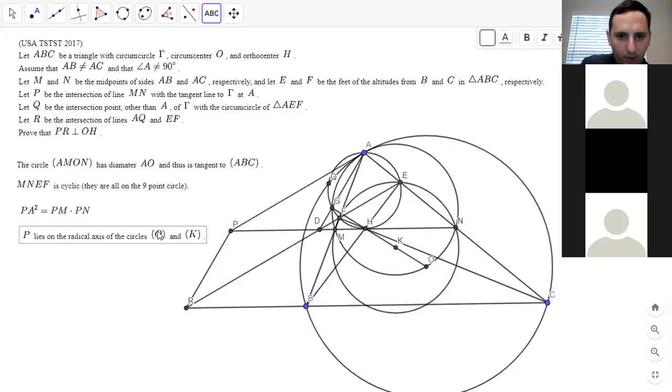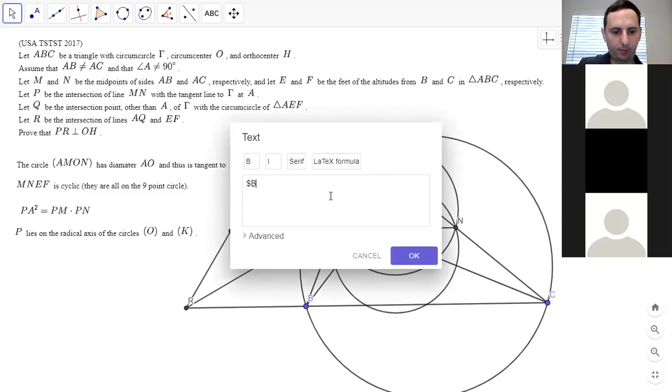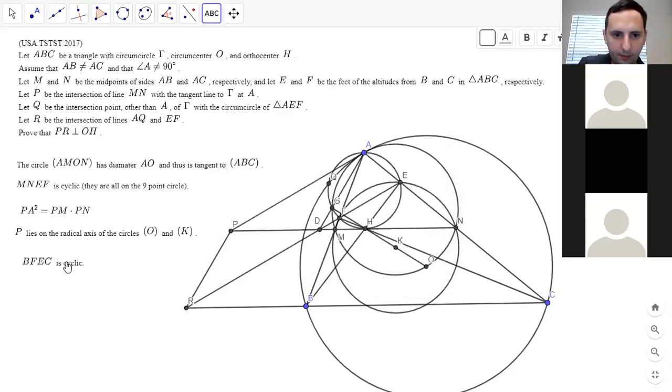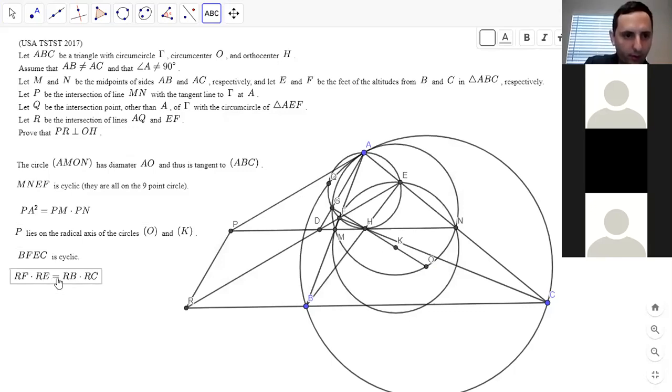And then similarly, R lies on the radical axis because RF times RE is RB times RC. First I'll just say BFEC is cyclic. So RF times RE is RB times RC. So R also lies on the radical axis of those 2 circles.